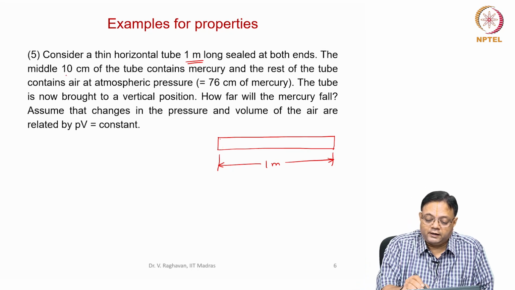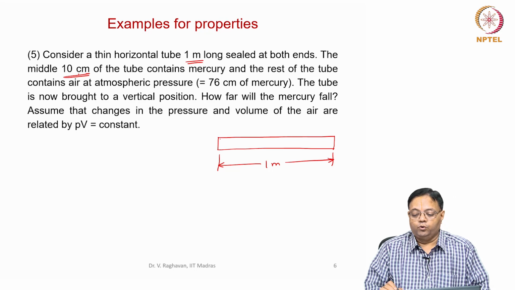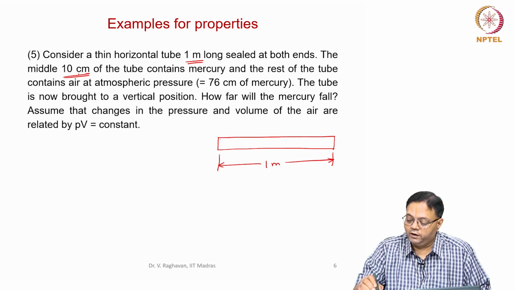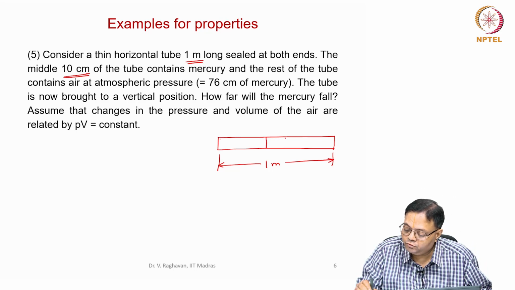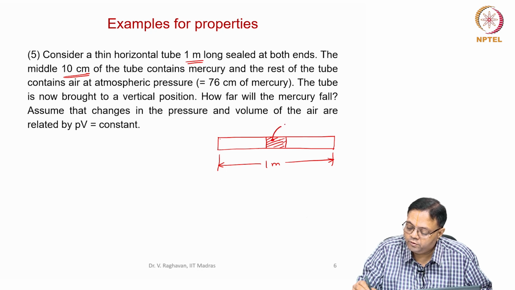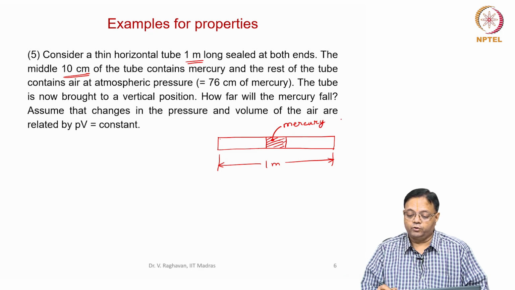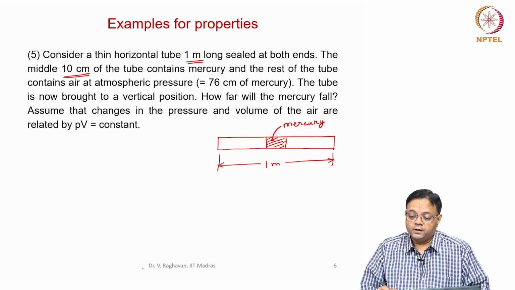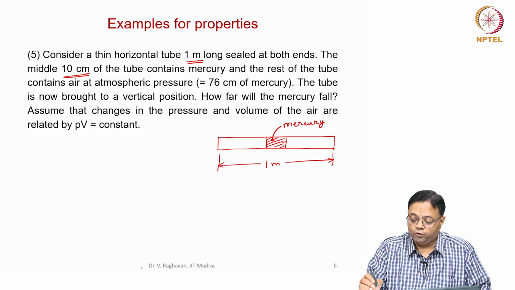The middle 10 centimeter of the tube contains mercury. So something like this. It contains mercury, and the rest of the tube contains air.